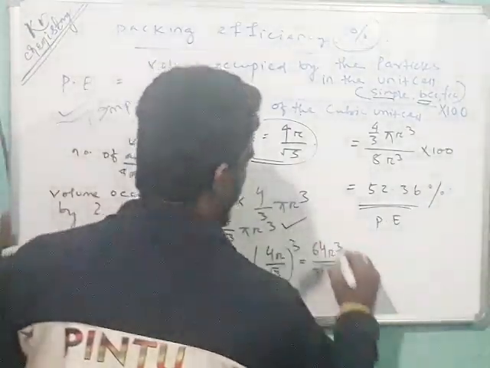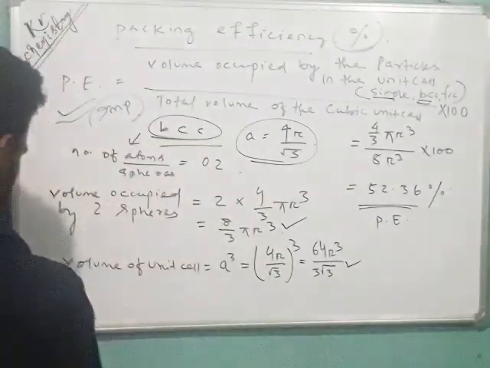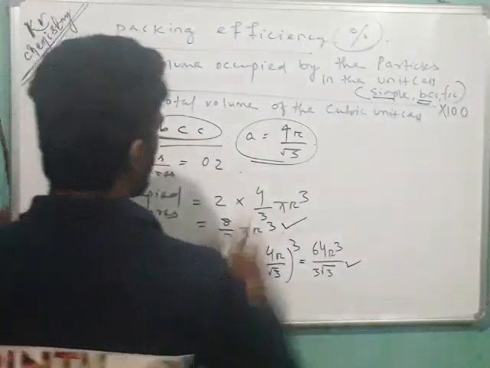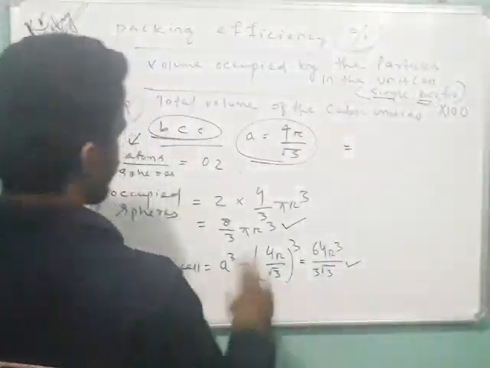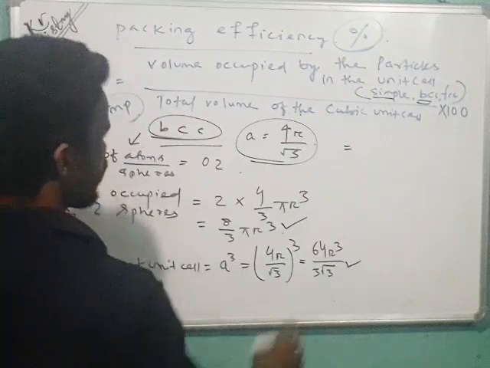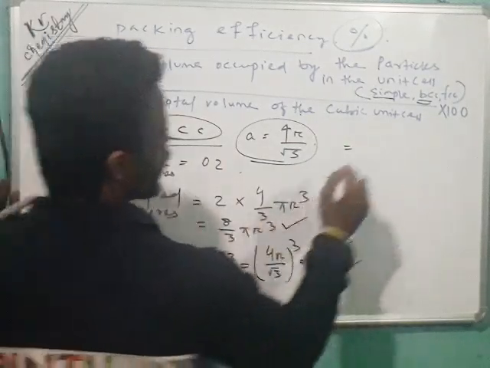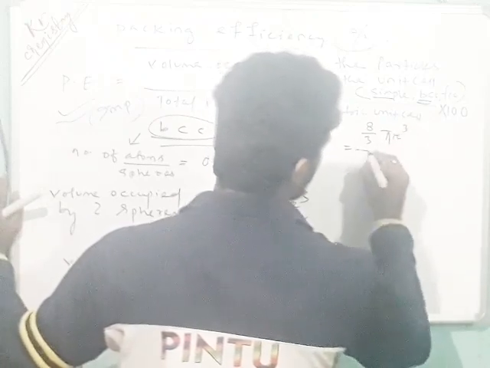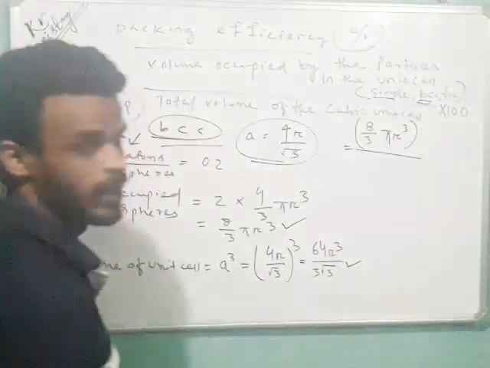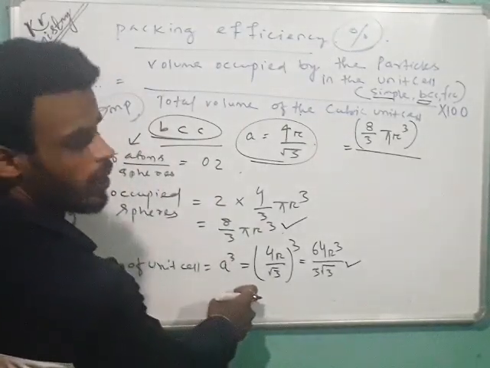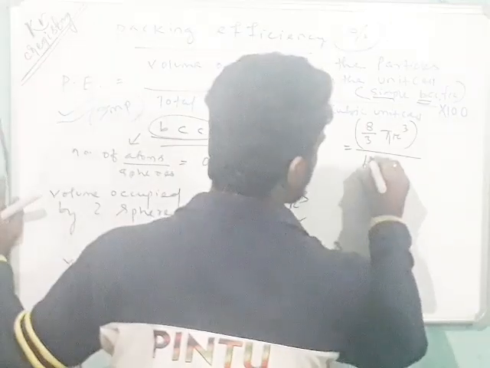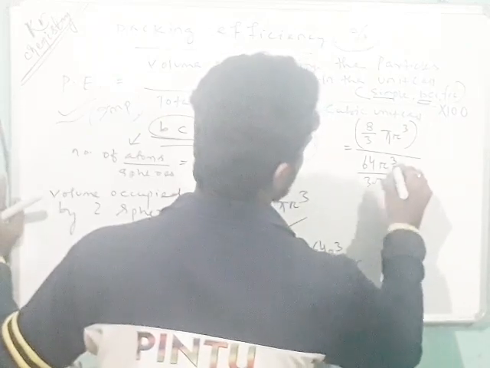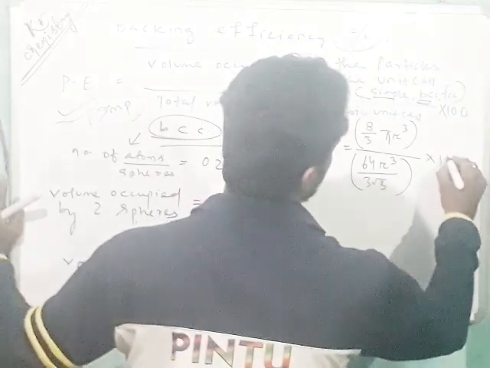Put these two values in the formula like before. This is equal to the volume occupied by the particles for body centered cubic crystal, that is 8 by 3 pi r cube, divided by the unit cell volume, that is 64 r cube divided by 3 root 3, into 100.